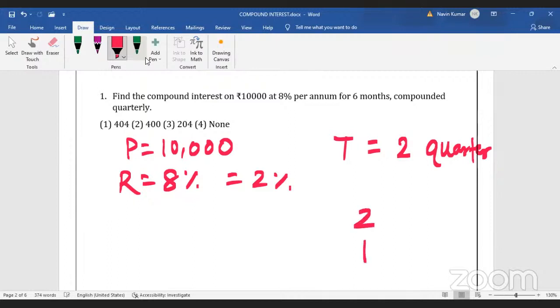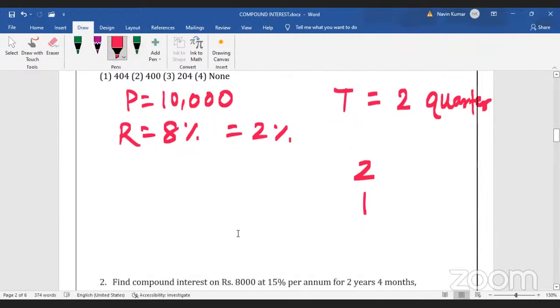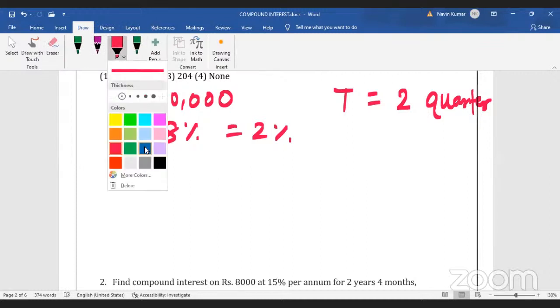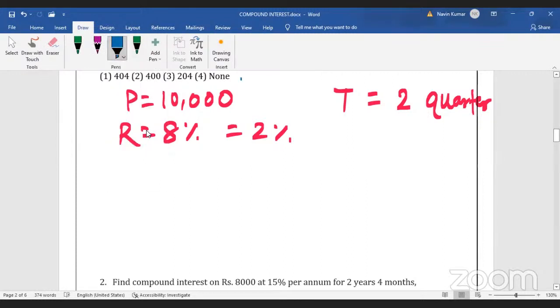First step, find principal into rate. Now this is the rate. Principal into rate, how much? 10,000 into 2%, 200.